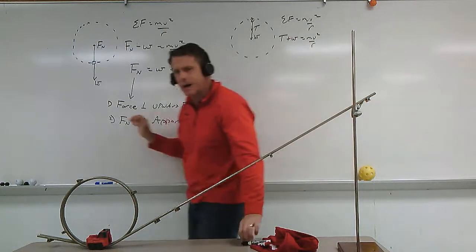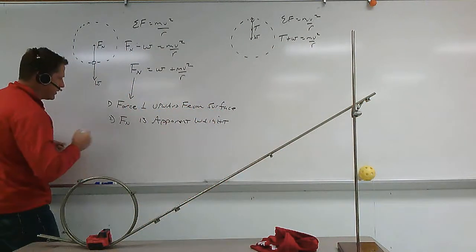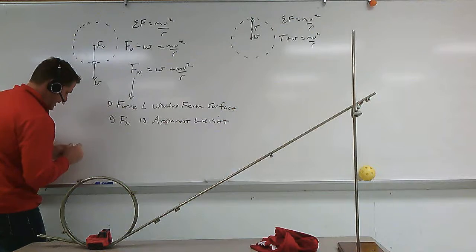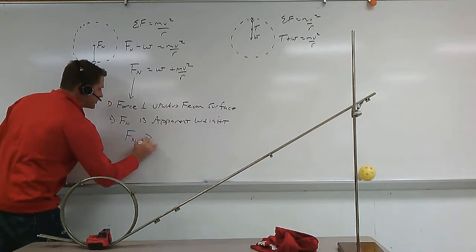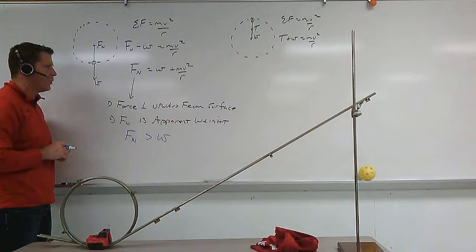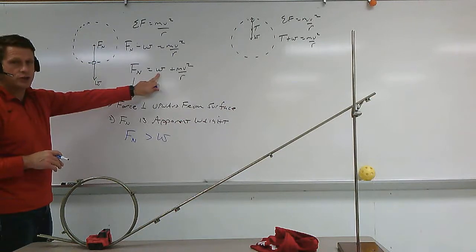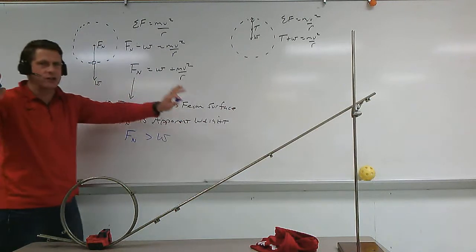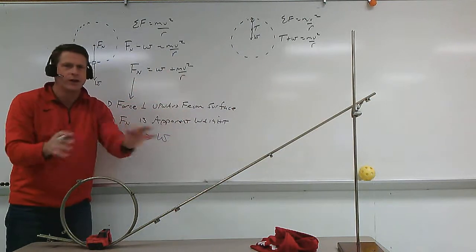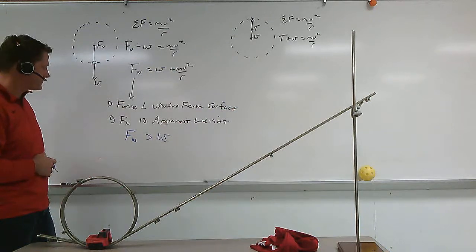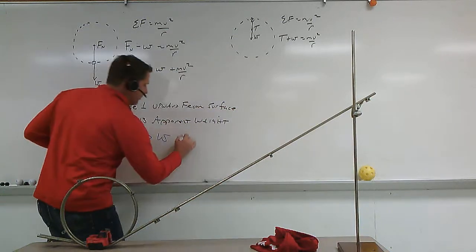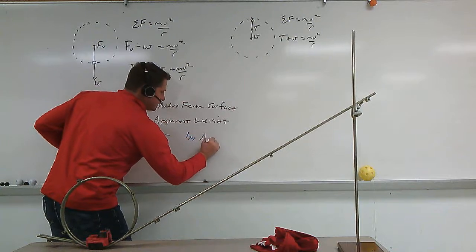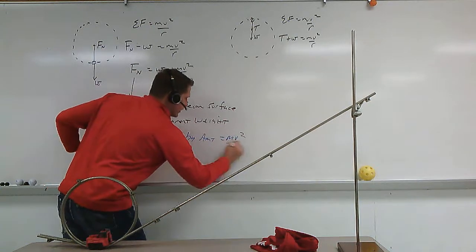So down at the bottom here, your apparent weight, Fn, I'm going to write this in blue, is greater than your actual weight. This is your actual weight. That never changes no matter what's happening as long as you're at or near the surface of the earth. Fn is bigger than W by an amount equal to mv squared over r.